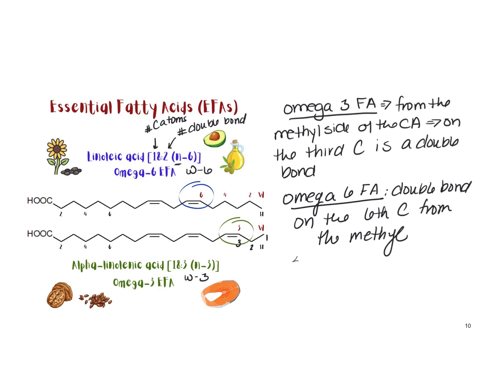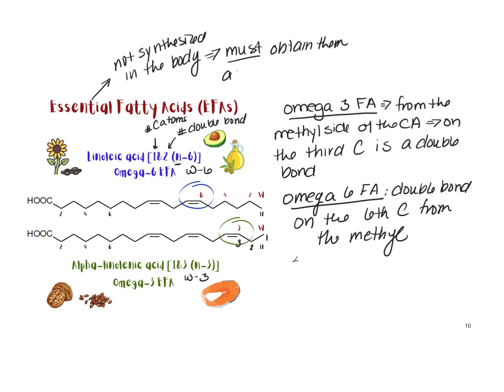Because these 2 fatty acids, they're essential fatty acids because they are not synthesized in the body, and that means we must obtain them as part of our diet, right? And so that's why they're called essential fatty acids. It's essential that we obtain them as part of our diet.